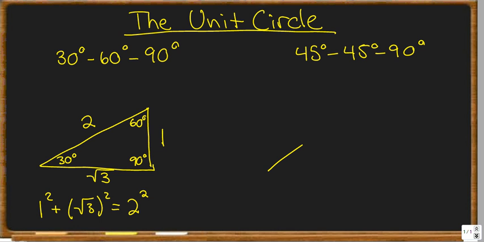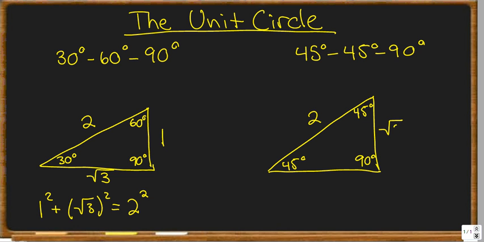Now that triangle is a little more consistent. So we've got 45, 45, and 90. If our hypotenuse here was 2, the other two sides set up as follows.